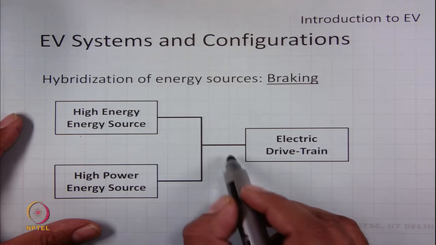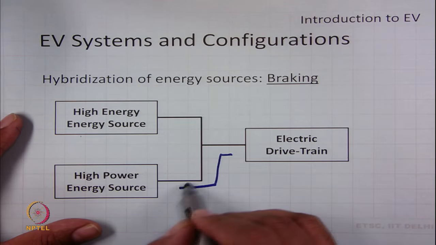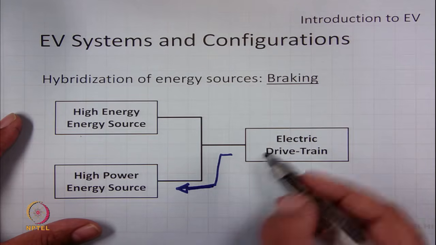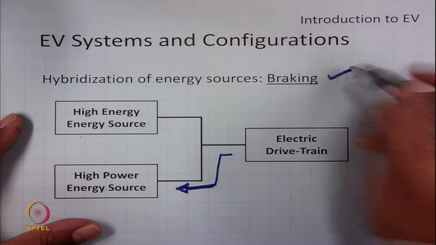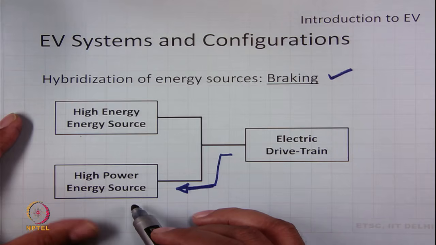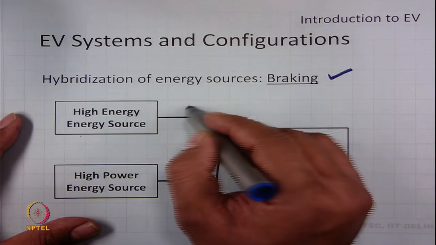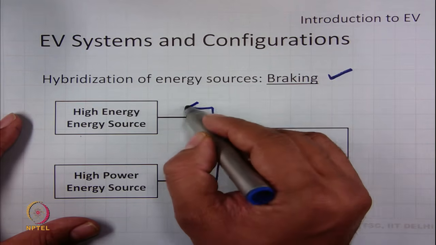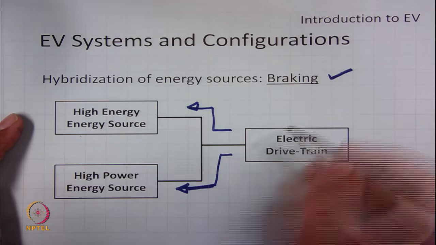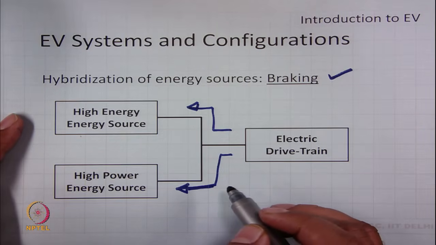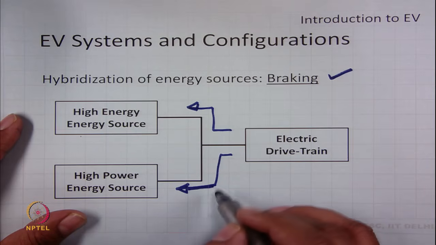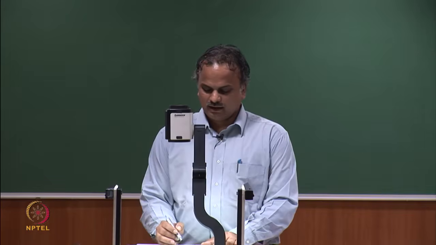During that time, the main source which recovers the braking energy is the high power source, since it has the capacity to absorb power very quickly. The high energy source can also be used to recover the energy, but the high power source is preferred because it can support very quick recovery of braking energy.